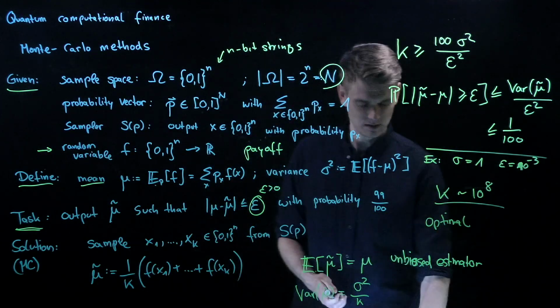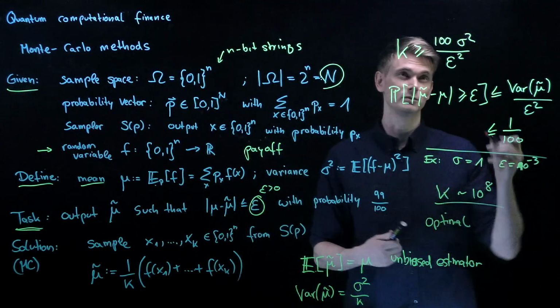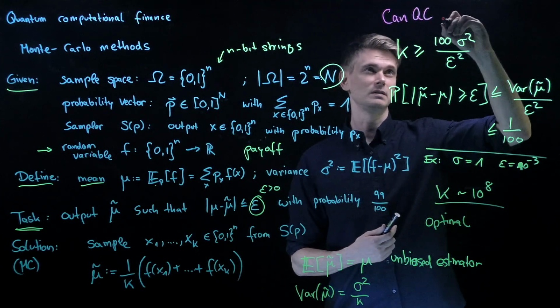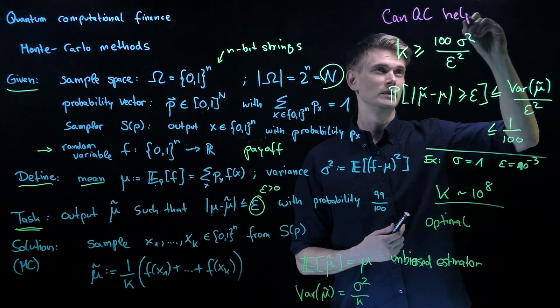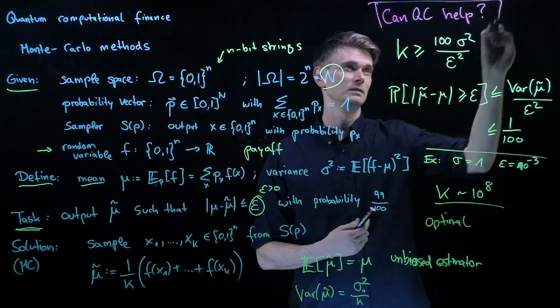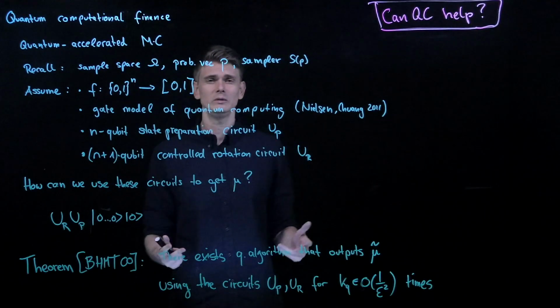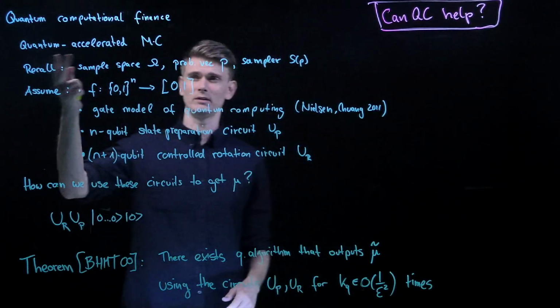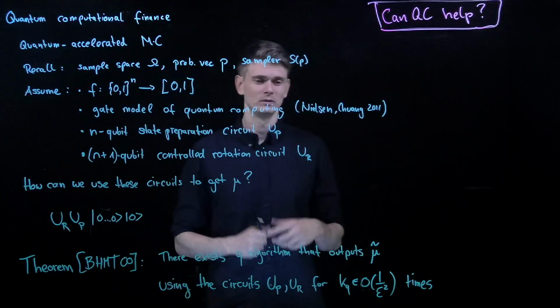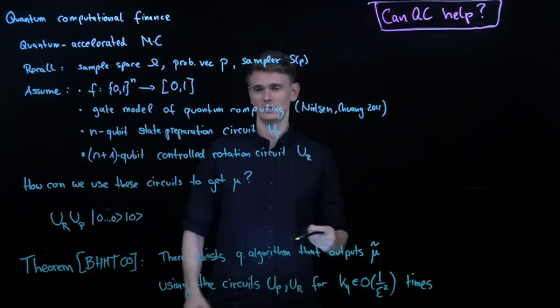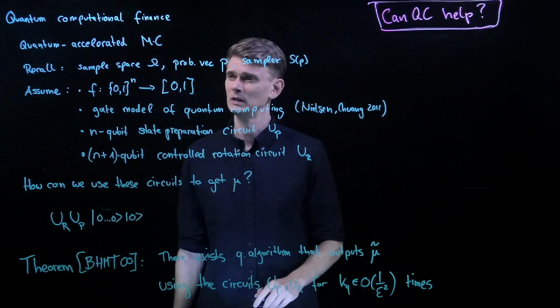Hence, the big question is, if we make further assumptions that we have access to a quantum computer, can the quantum computer help us improve the number of samples? Now, we're going to review quantum-accelerated Monte-Carlo methods to provide an answer to the question of whether quantum computing can help for the classical problem.